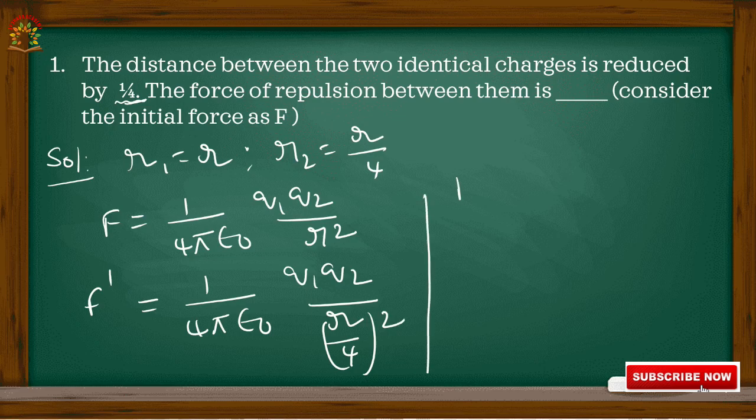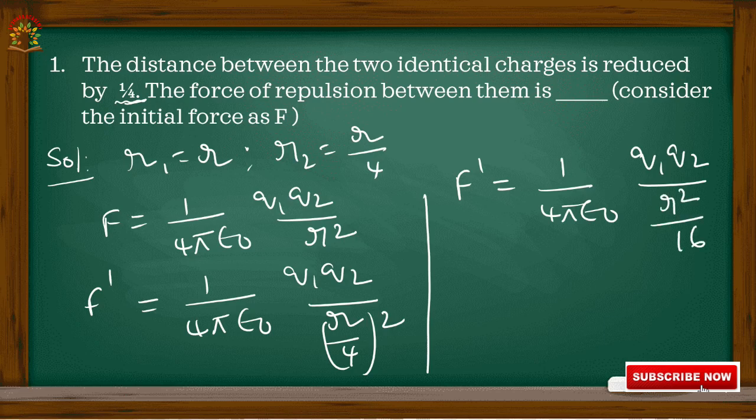Then F dash is equal to 1 by 4 pi epsilon naught into Q1 Q2 by R by 4 whole square, which becomes R square by 16. So, the reciprocal, 16 into 1 by 4 pi epsilon naught Q1 Q2 by R square.